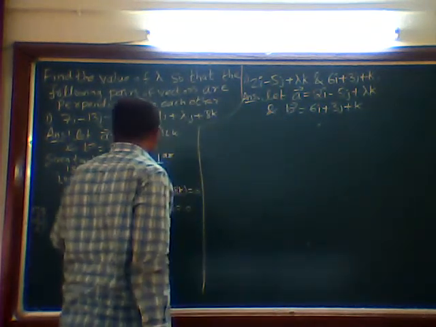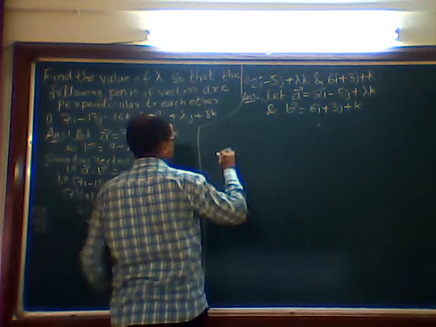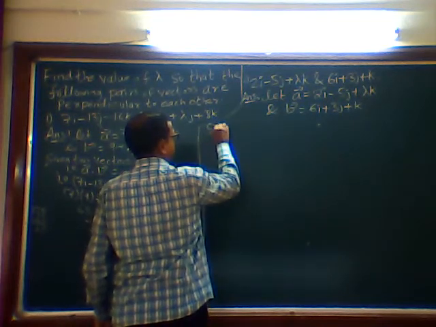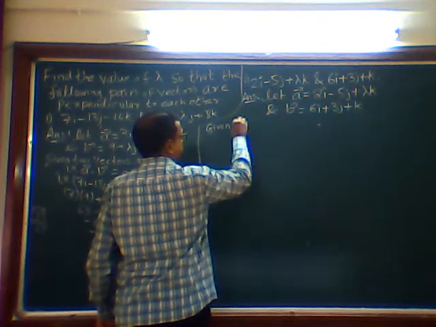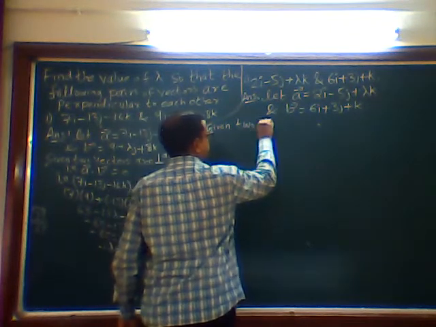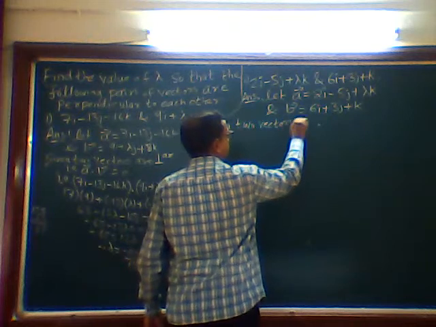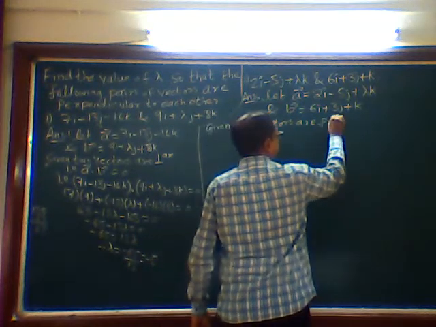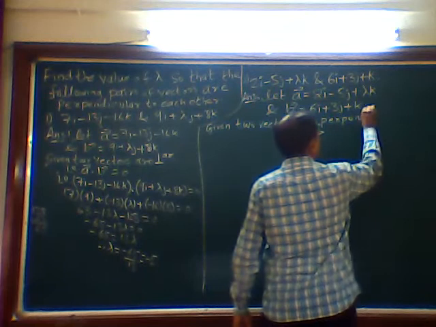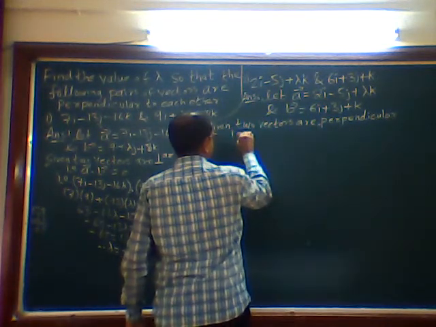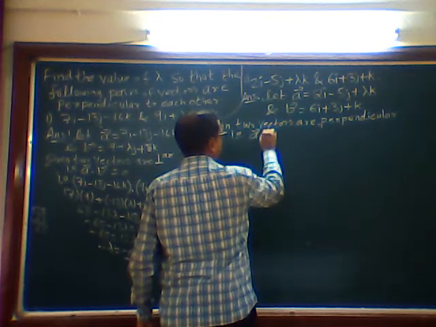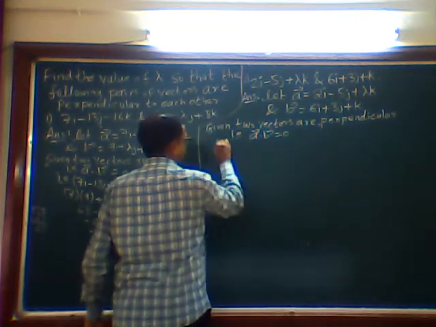Okay. So again, since given two vectors are perpendicular, that is a bar dot b bar is equal to 0.